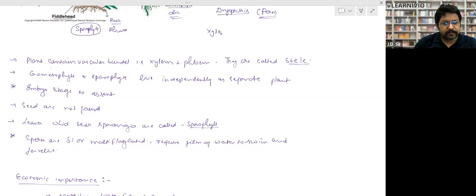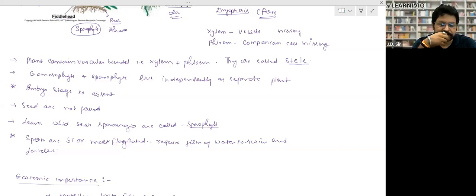Xylem do not have vessels and phloem do not have companion cell in pteridophyte.